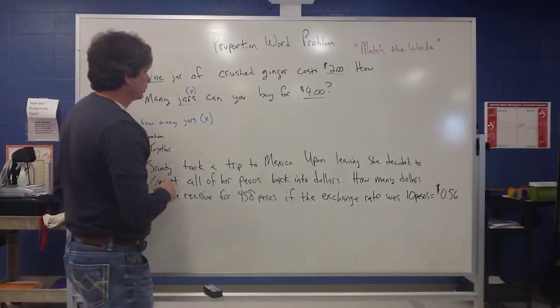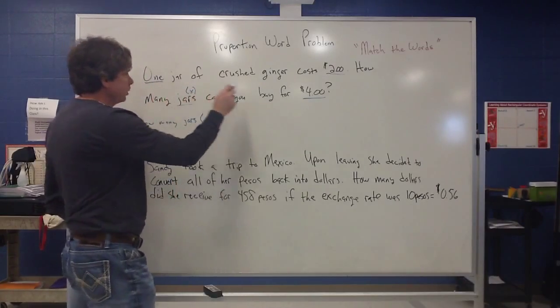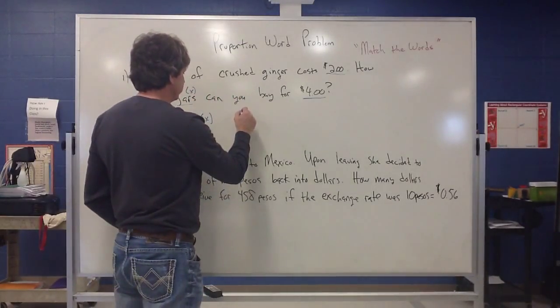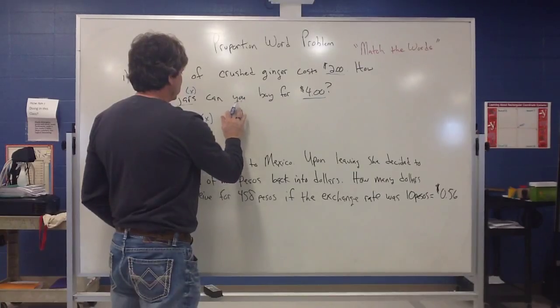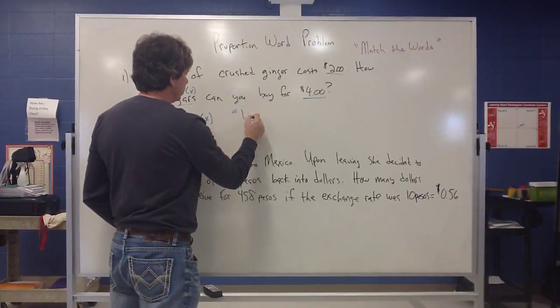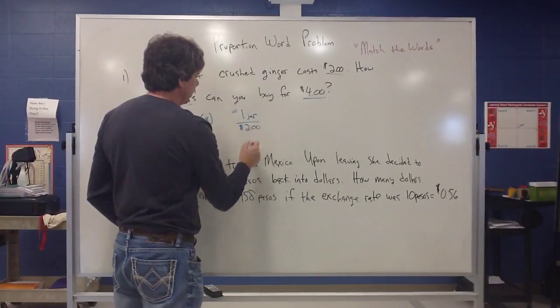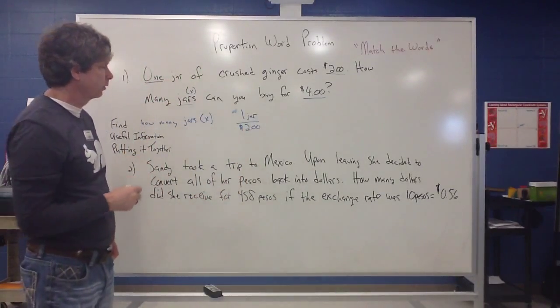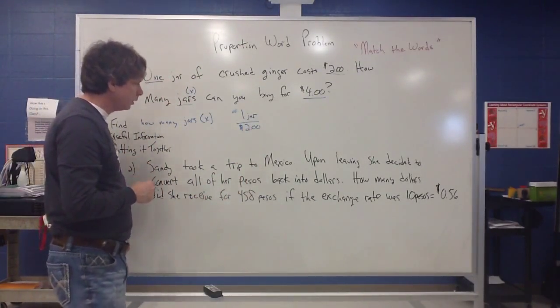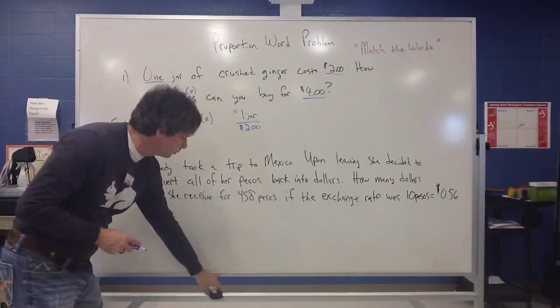Now let's put it together. So we can see that one jar goes with $2. So what I can do is write this one jar goes with $2, and I can write that as a ratio. Those two numbers go together. That's considered ratio language.